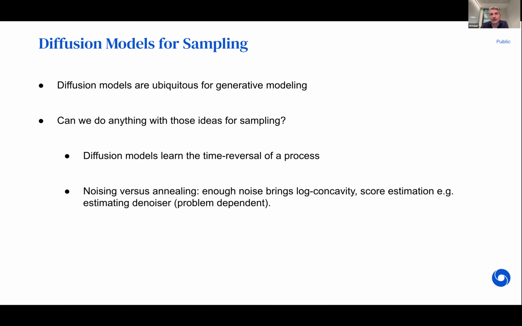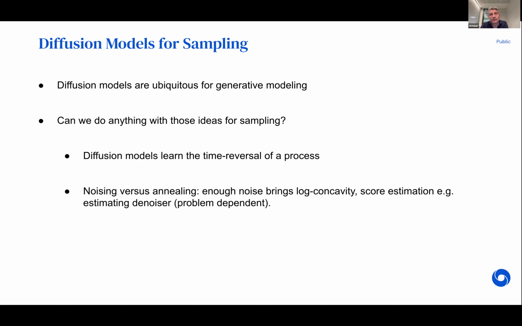Basically, in this context, you're given an empirical distribution, and you want to obtain new samples which look like the samples you have in your empirical distribution, but are not carbon copies of it. So, for example, given an empirical distribution of images, you want to generate new images. This kind of model, the denoising diffusion model, has become extremely popular in generative modeling.